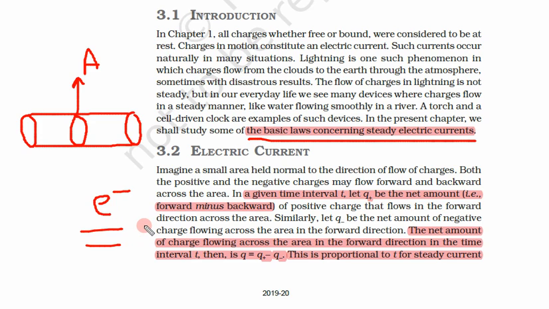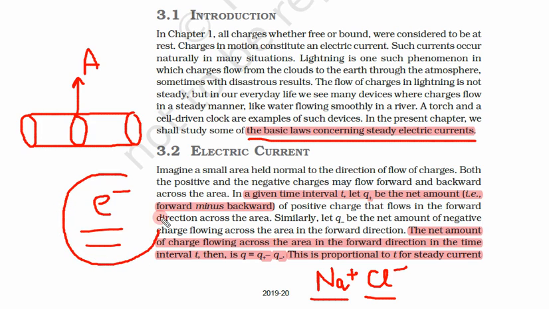In some electrolytic solutions like NaCl, charge carriers may be ions, but in this chapter we are concerned about conductors having charge carriers electrons. So we are basically concerned about metals.